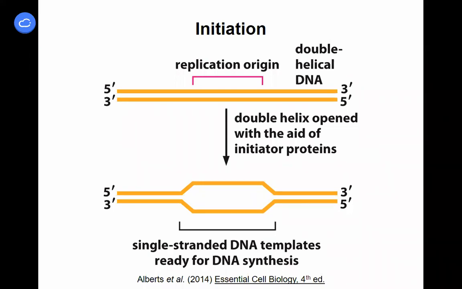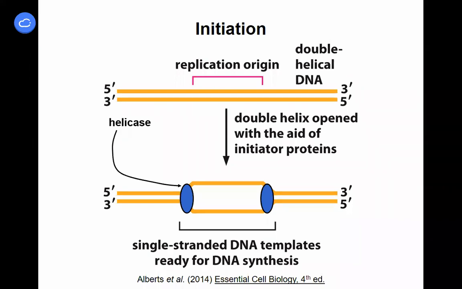The replication bubble is where you've got the two strands pulled apart. Where the single-stranded regions meet the double-stranded region, we call that a replication fork, because the DNA is separating. It's like a fork in the road, right? And this is where helicase is going to be active. Helicase is an enzyme whose function is separating double-stranded DNA and extending the replication fork in either direction away from the origin of replication.